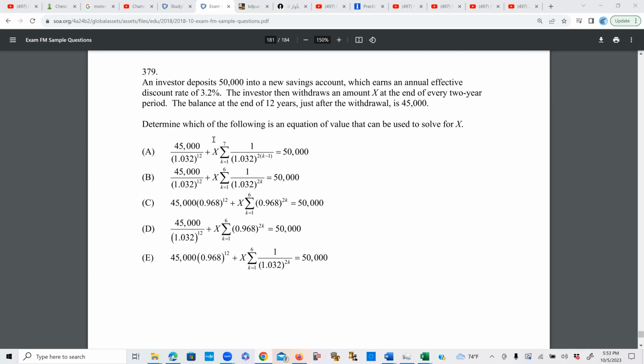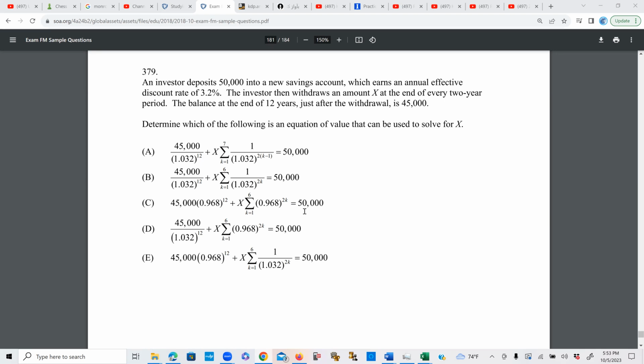Since the ending balance is 45,000, all these choices seem to suggest that the balance has been brought to time zero, because here you're dividing by an interest factor, and here you're multiplying by a discount factor. Both of these bring the value from the future to the present, or backwards.